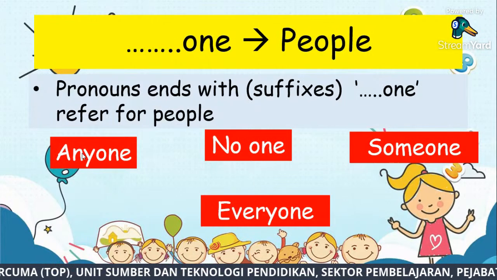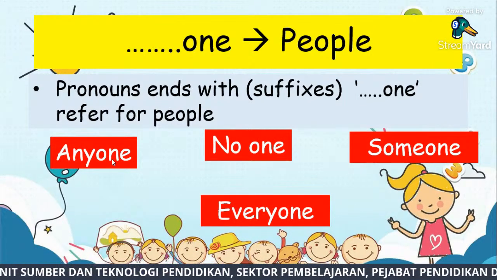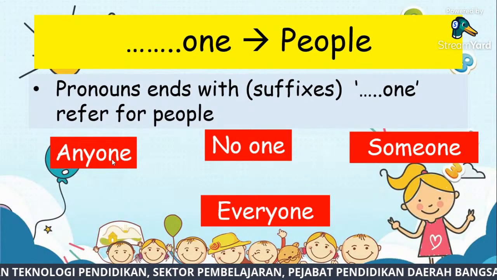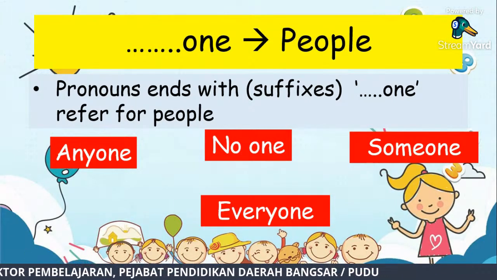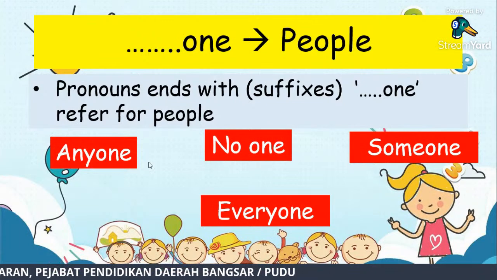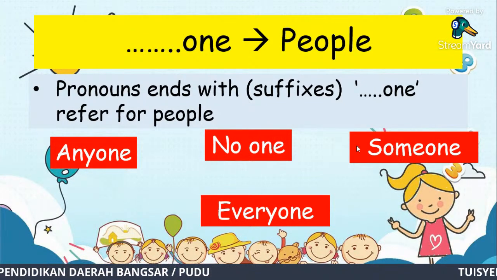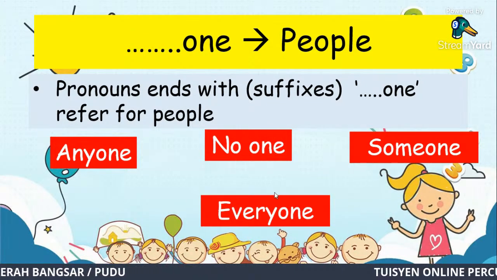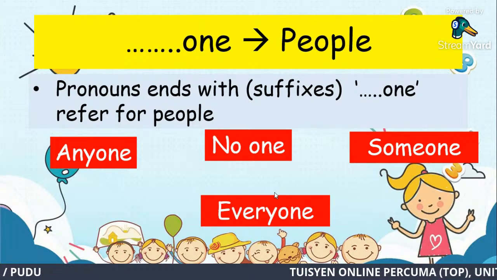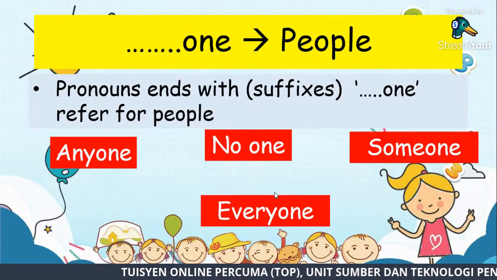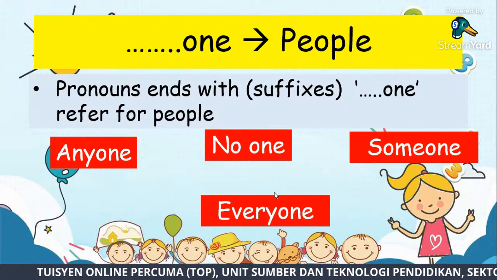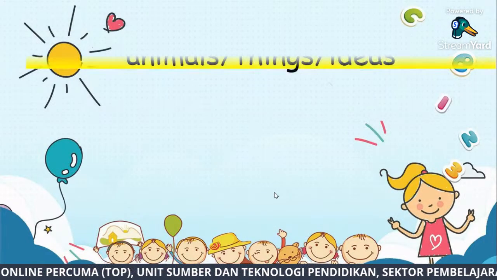It could be plural, it could be a singular person, so it is referring to people. These are some of the indefinite pronouns. I think you are clear with that, and we shall continue.